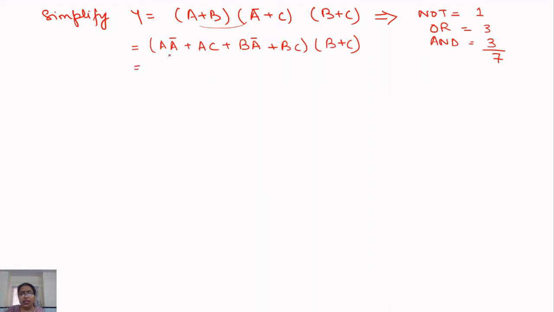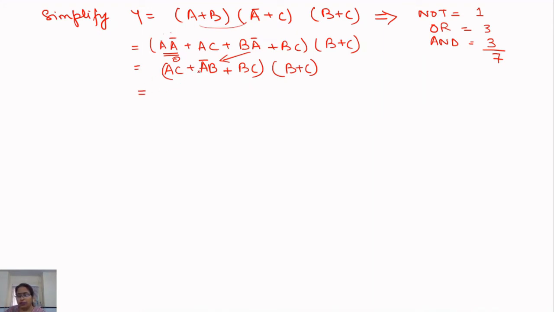Now a into a bar is 0 according to the law. So this is ac plus a bar b plus bc into b plus c, right? So we have removed this first term because it is now equal to 0.